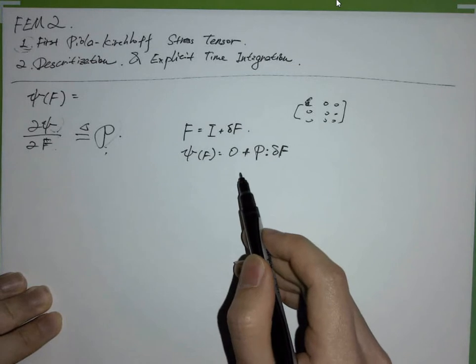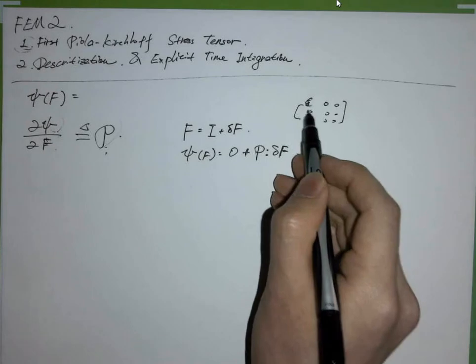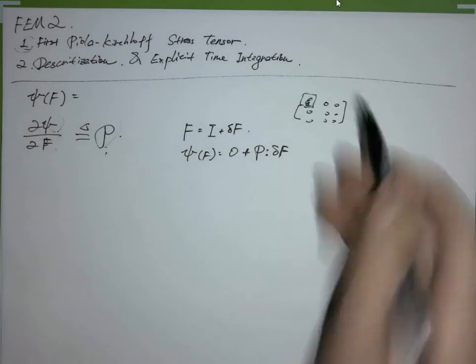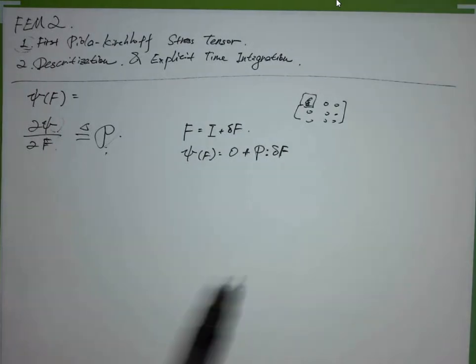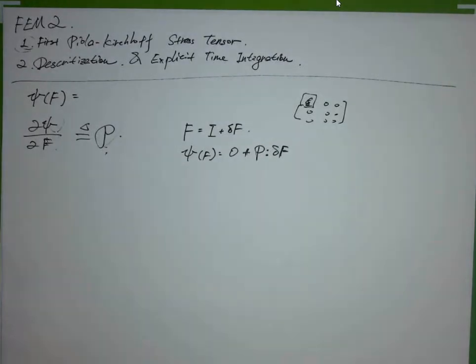All right, so this stress tensor can be seen as follows: if you perturb your deformation gradient at some part, how will the energy react to this perturbation? Right, so this is basically the idea of why you are taking the derivative of this.